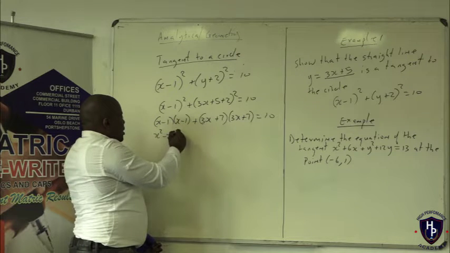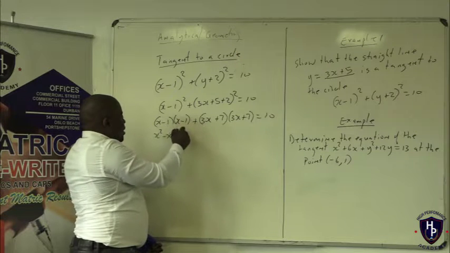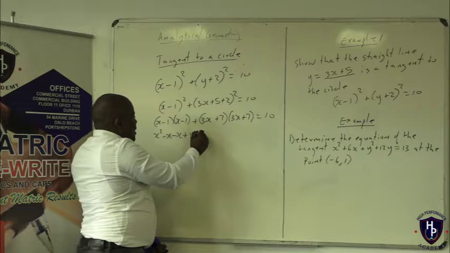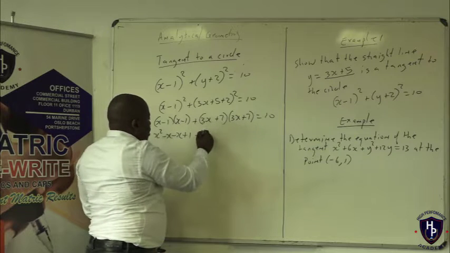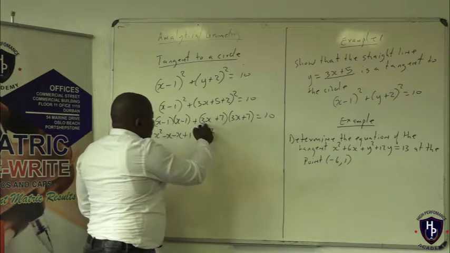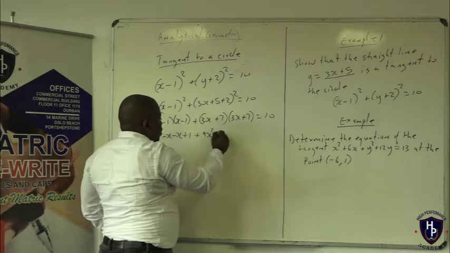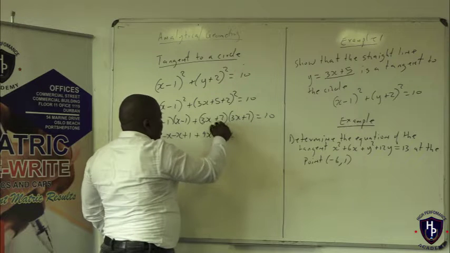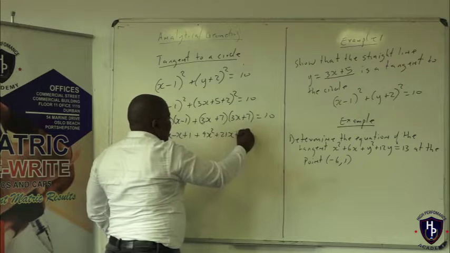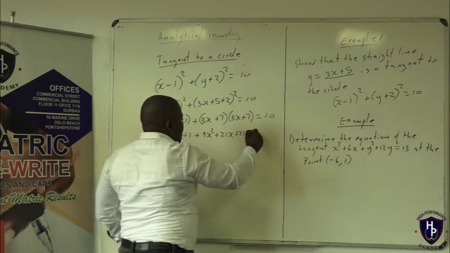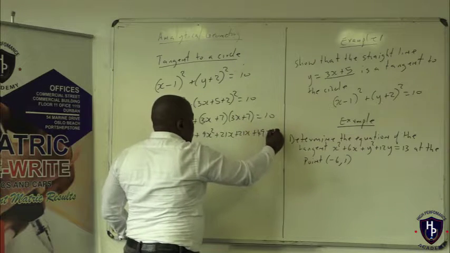Minus 1 times x, minus x. Minus 1 times minus 1, plus 1. Plus 3x times 3x, 9x squared. 3x times 7, 21x. This is also 21x. 7 times 7, 49, equal to 10.